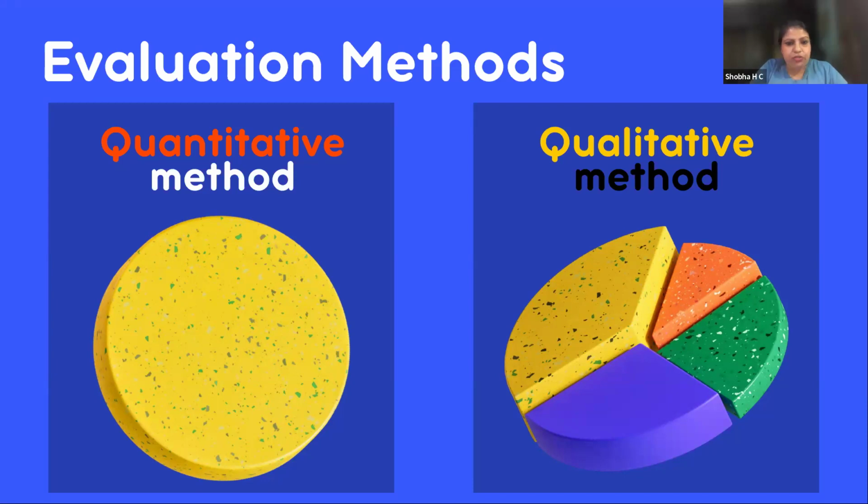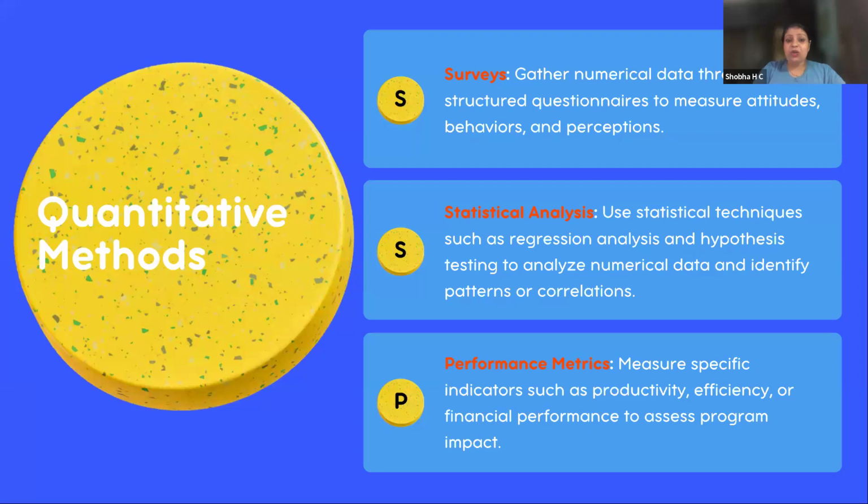So if you can move on. I think we all know quantitative and qualitative. Let's figure out how we will gather quantitative data. If you have to get quantitative, you have to use quantitative methods to evaluate. You will do it through surveys. You will gather numerical data through structured questionnaires to measure attitude, behavior, and perceptions.